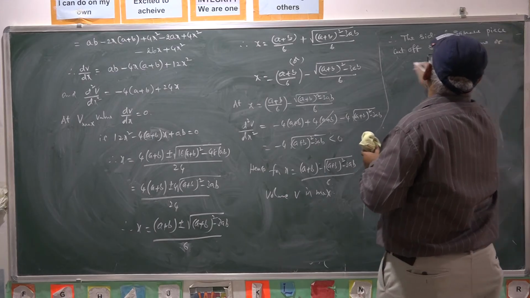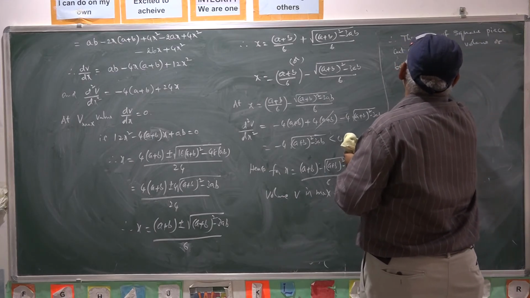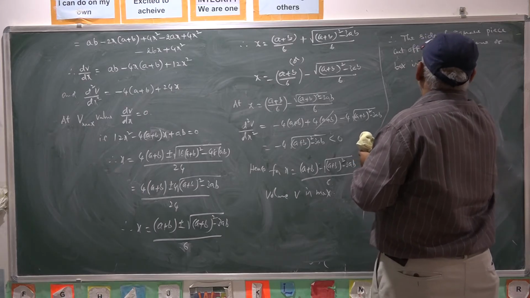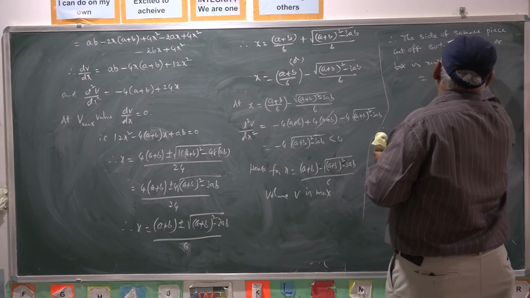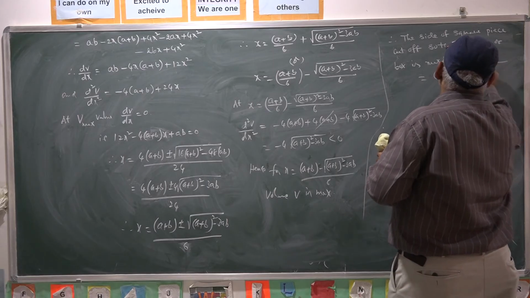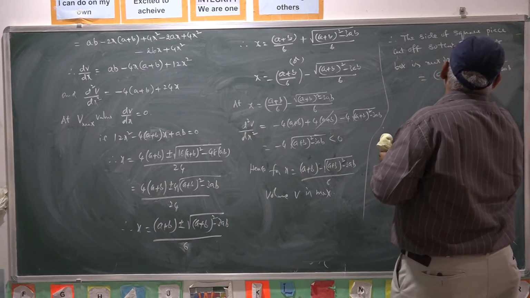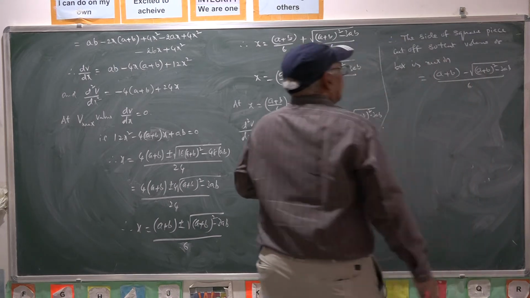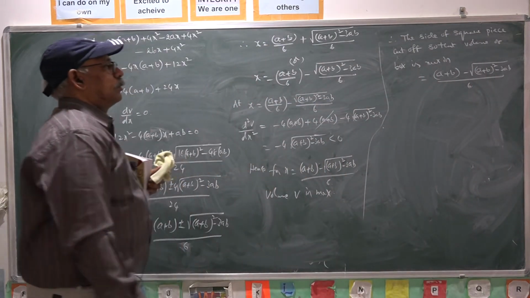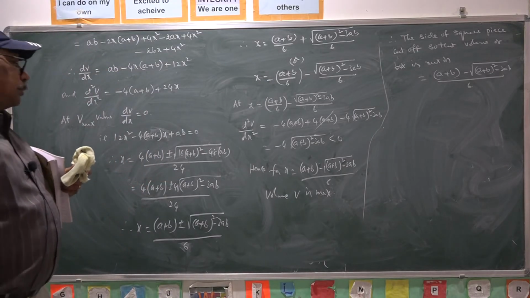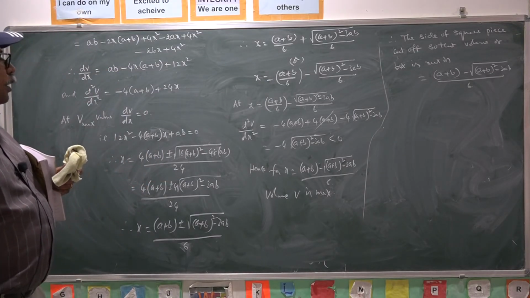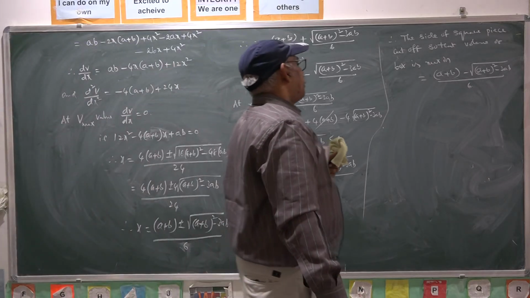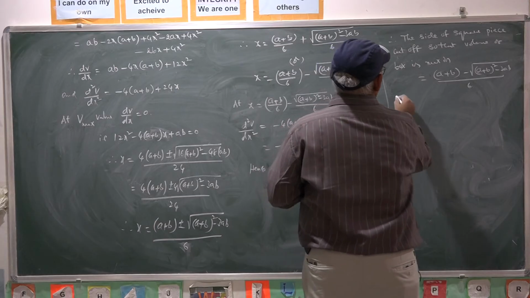The volume of the box is maximum when x is obtained by (a plus b) minus square root of (a plus b) whole square minus 3ab, by 6. This is the required x value.